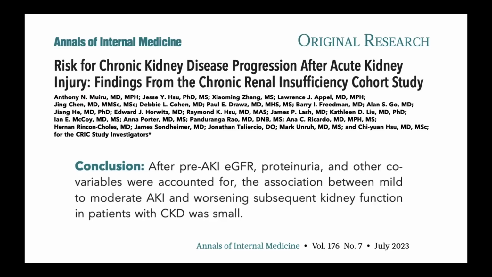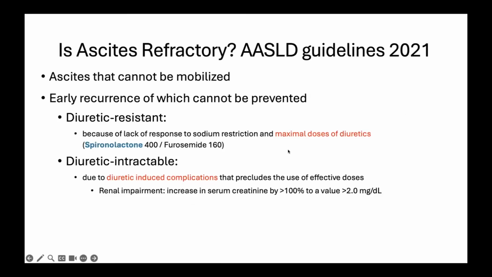I put the conclusion directly: after pre-AKI eGFR, proteinuria, and all the covariables were accounted for, the association between mild to moderate AKI and worsening subsequent kidney function in patients with chronic kidney disease was small. So I think we have to have less fear of those minor increases in creatinine that we cause with diuretics in ascites, and probably we will have less need for paracentesis in our unit.